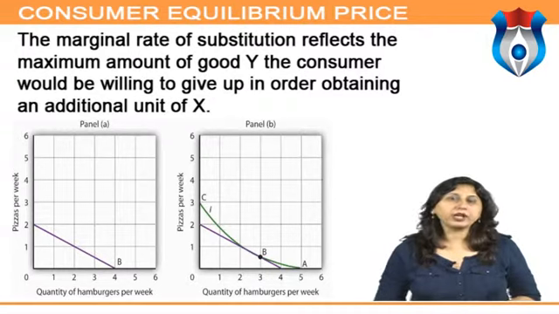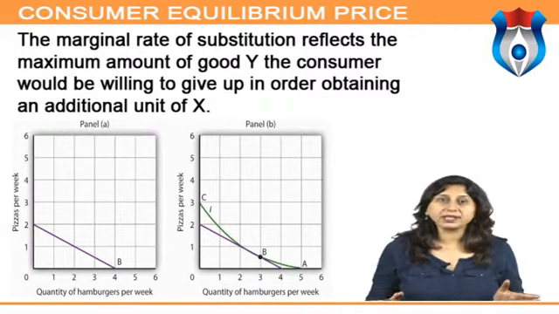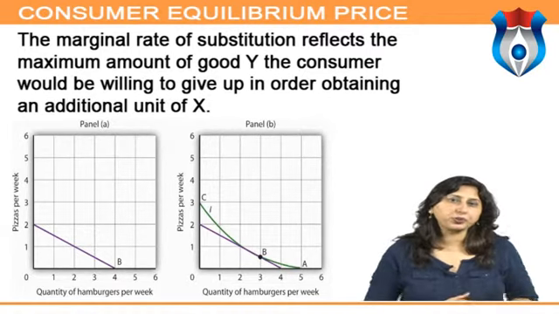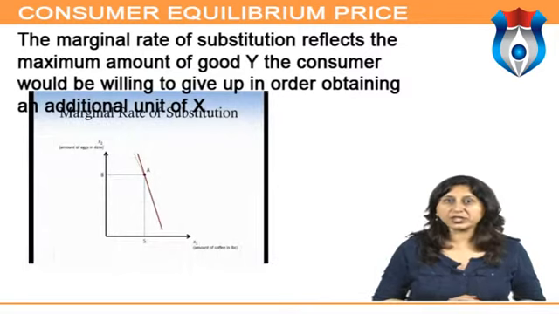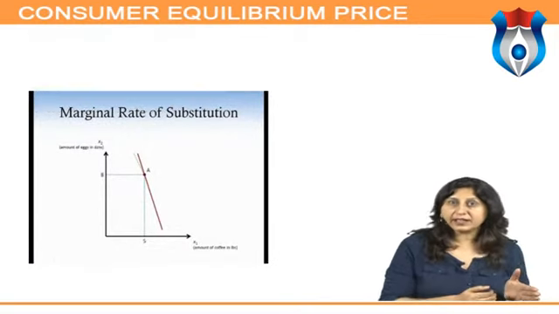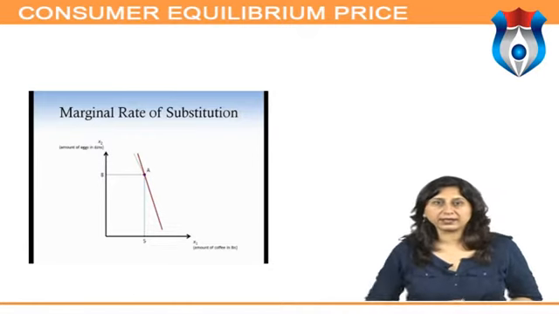As we move along an indifference curve from left to right, the consumer is consuming more and more of good X and less of good Y. Thus, the marginal utility of the additional unit of good X declines, whereas the marginal utility of the foregone Y increases.